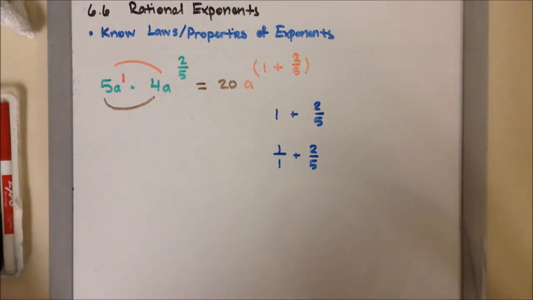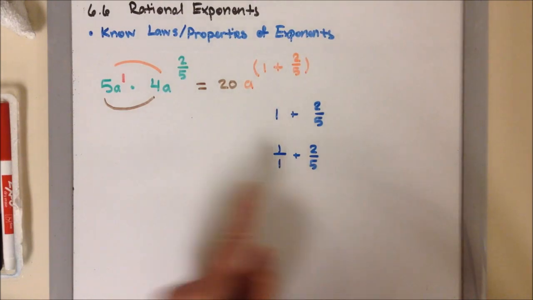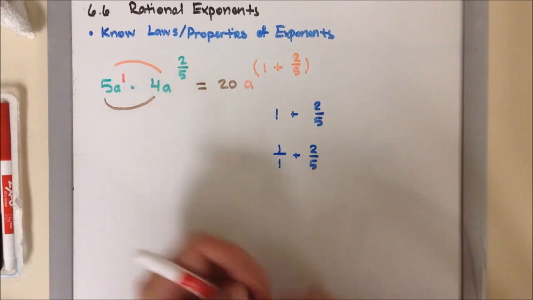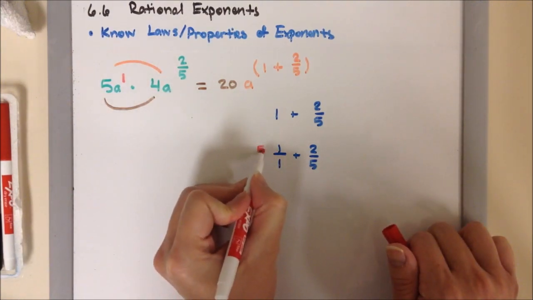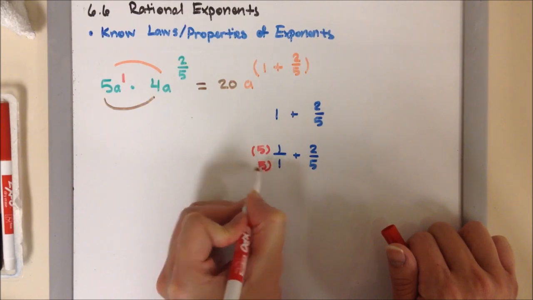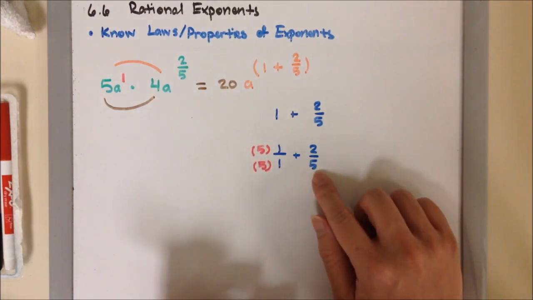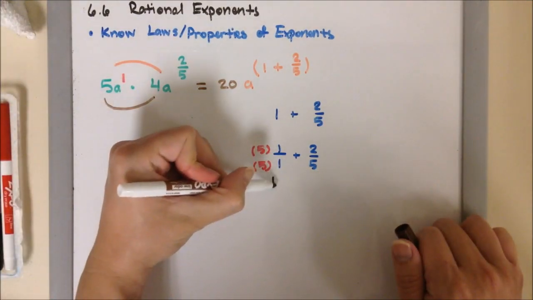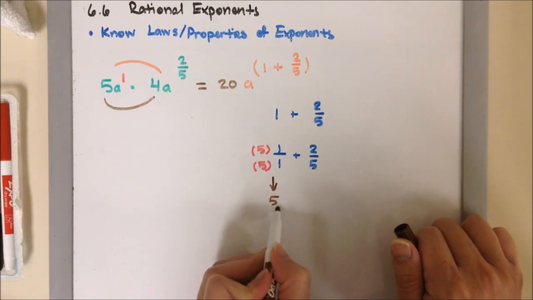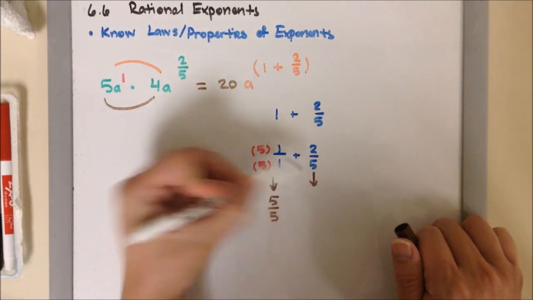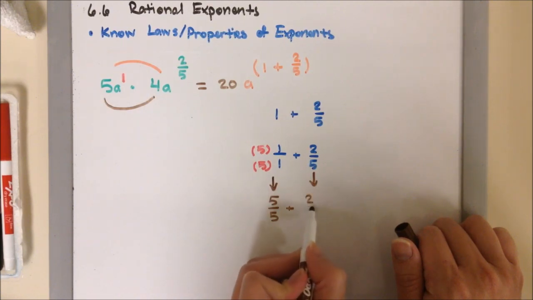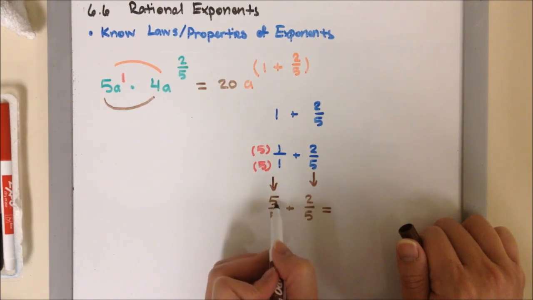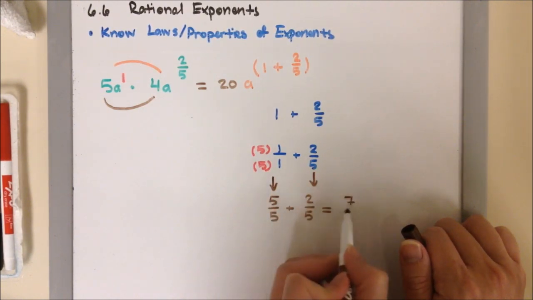Now the common denominator between 1 and 5 is 5. So in the first fraction, I'm going to multiply numerator and denominator by 5, so I can get a common denominator. I'm not going to do anything to the second fraction because the denominator is already 5. So here, this will be 5 over 5. Bring down the second fraction, 2 over 5. So once you have the same denominator, I'm going to combine my numerators. So 5 plus 2 is 7, so 7 over 5.